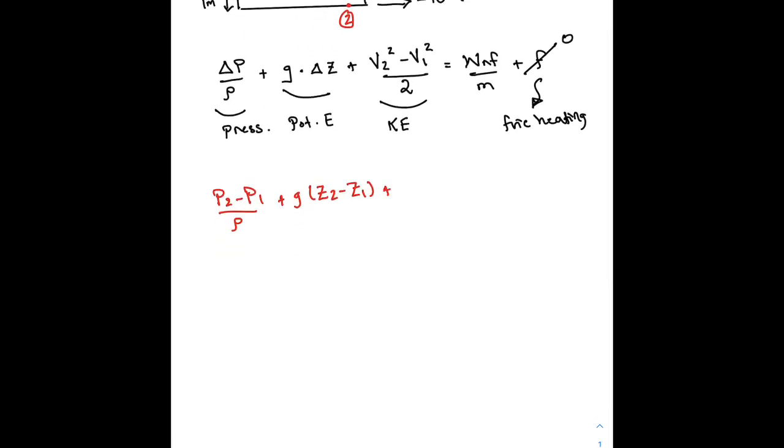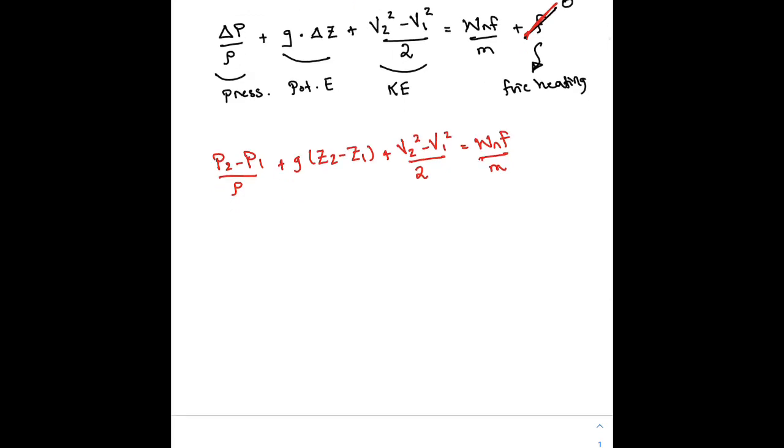Plus v2 squared minus v1 squared over 2, and that is equal to the non-flow work over the mass. We already mentioned that there is no frictional heating due to the perfect insulation.